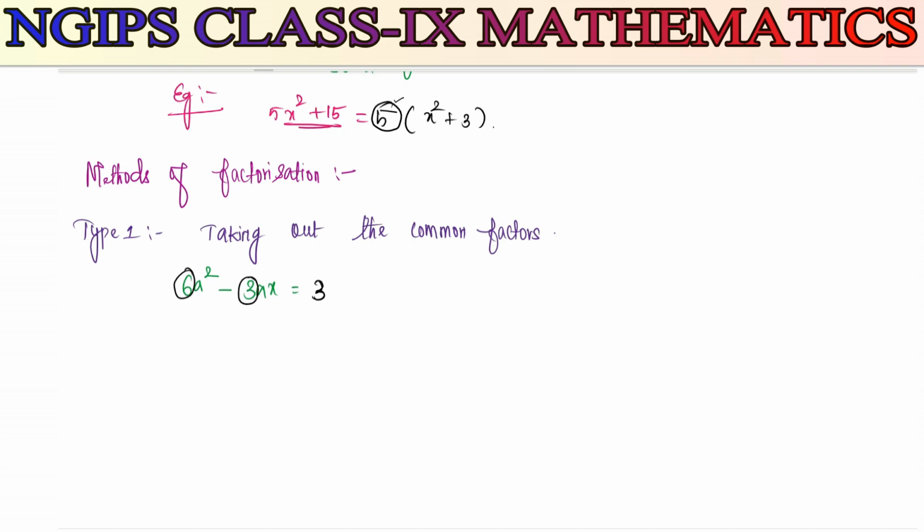Next we look into the variables. We have a square, and here we have only one a. The least power we have to take. If there is no power we can take it as 1. So here the power is 1, and here the power is 2. We have to take the least power, 1. So I can take a.